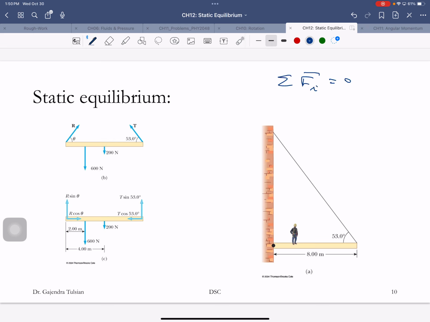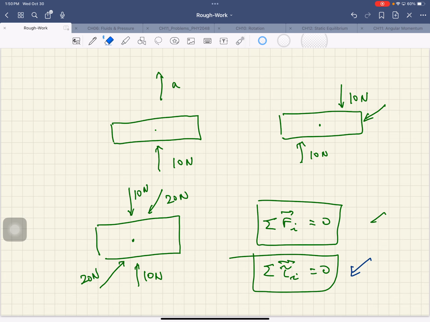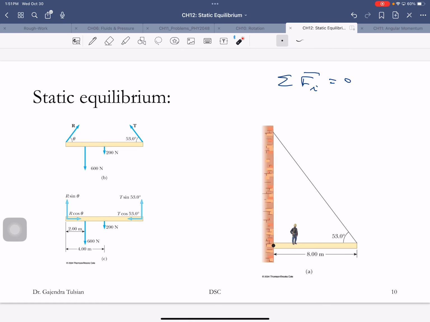And since it's an extended object and all these forces are not going through the center of mass, the additional condition: if those forces were like this, that they were all going through the center of mass, then all you would need is this condition. But since they were not going through the center of mass, you need this additional condition as well. So the sum of the torques should be 0.